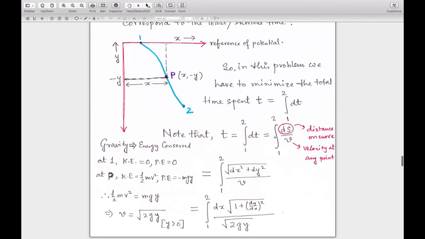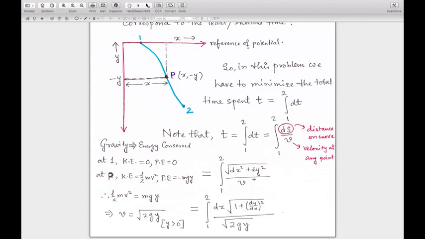Now that dt can be written as ds along the curve, of course, divided by v, the velocity at that point. Okay. Now ds we can again write, as this is also a problem of a 2D plane. You can think that the direction which is outward or inward of the plane of the paper is not really playing any role.